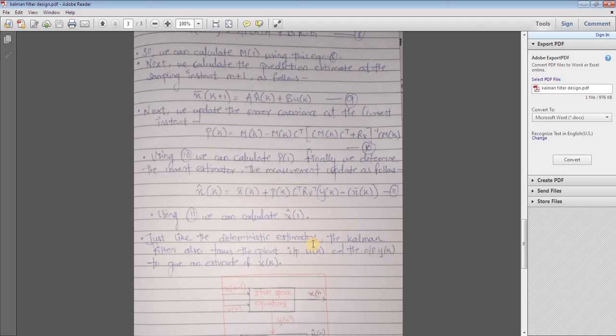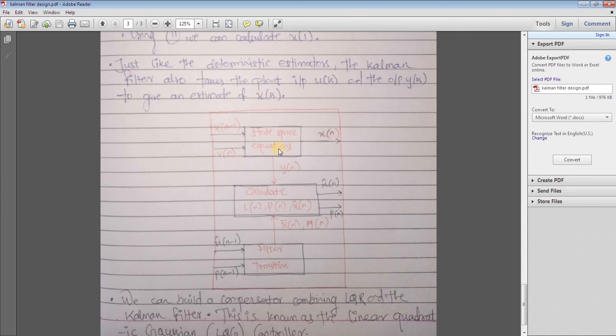In the stochastic case, however, the Kalman filter gives a filtered estimate of the state vector. Now this is the block diagram of the Kalman filter calculation at time instant n. This shows how the Kalman filter has been developed.